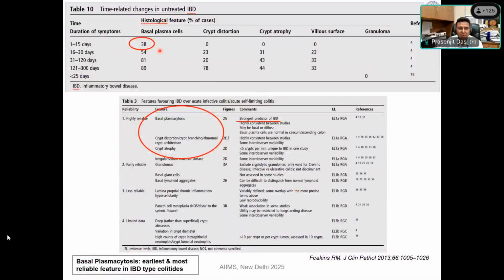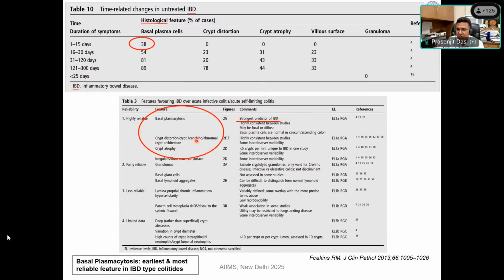Okay. And also please remember, whenever a biopsy is taken, you have to also know since when the patient is symptomatic. If a patient has developed symptoms just 10 days back, you may not expect to see crypt distortion as well as basal plasmacytosis. If we see the chronology of the findings, basal plasmacytosis is the earliest one that usually appears by 3 to 4 weeks.